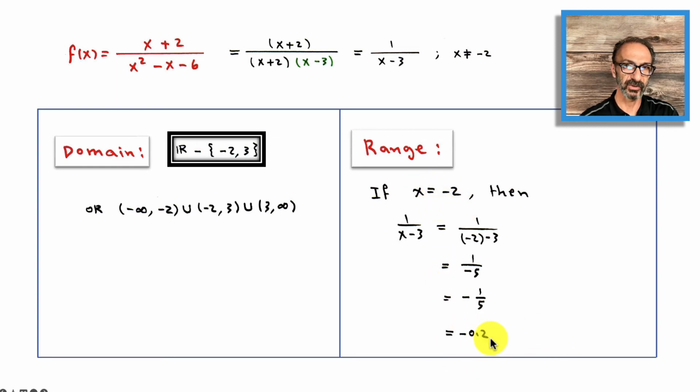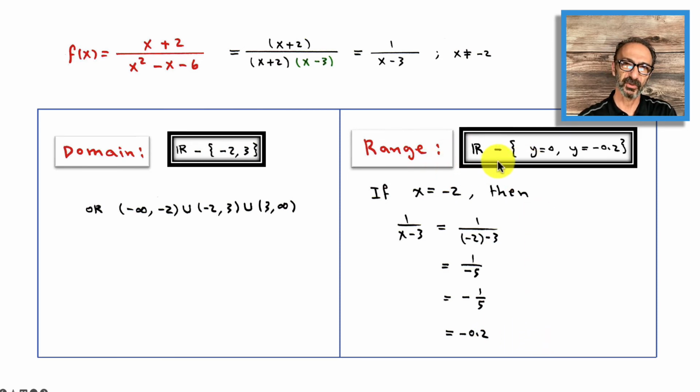So that should also be taken out because we don't have it. So the range is all real numbers except the horizontal asymptote value, and except the value when you have a hole in the graph. And the hole in the graph happens to be when x equals -2. As you could see, this is more interesting than the domain, but most books keep asking about the domain. They don't ask about the range, but the range is interesting.